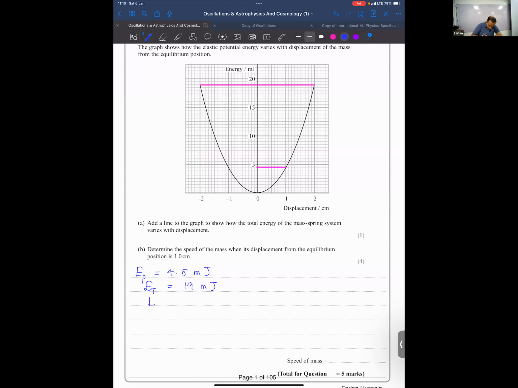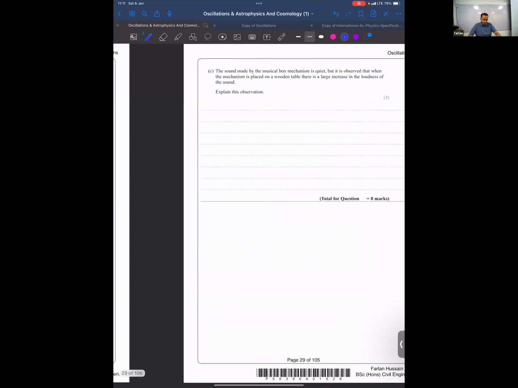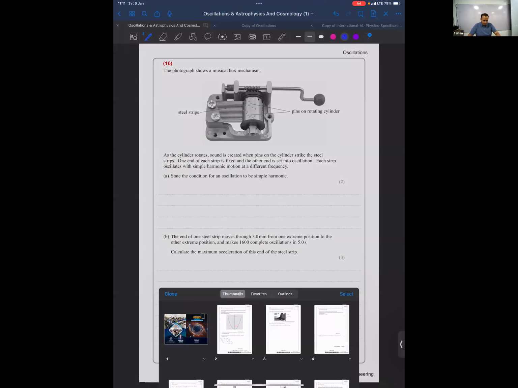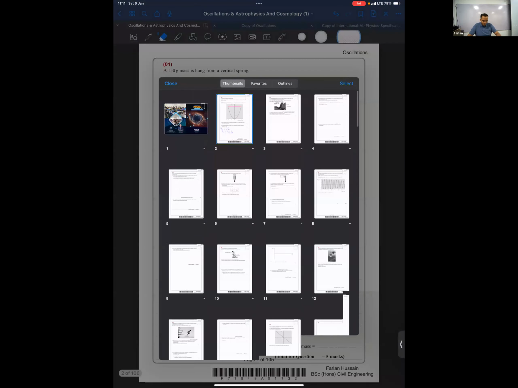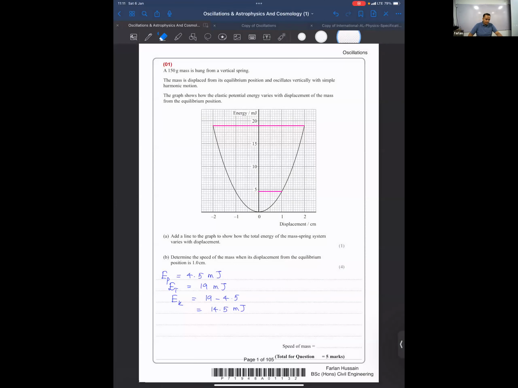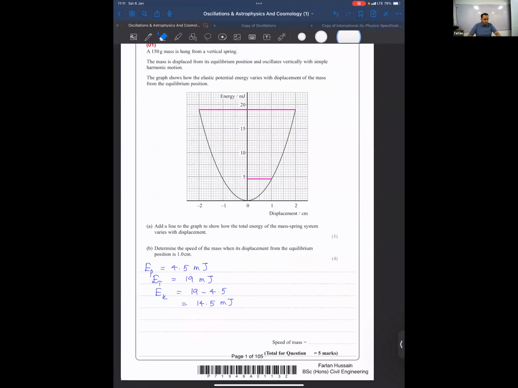So what will be the kinetic energy then? 19 minus 4.5. How much is that? 14.5 millijoules. That is the kinetic energy. And the mass is 150 grams.